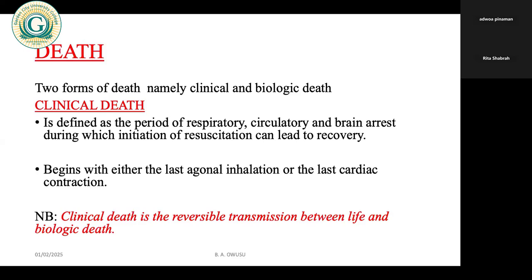They will not say that, but they will do all that, just like you're saying. But let me say this: what they write in there is clinical death. I hope you know that. Because biological death is actually determined by the pathologist.